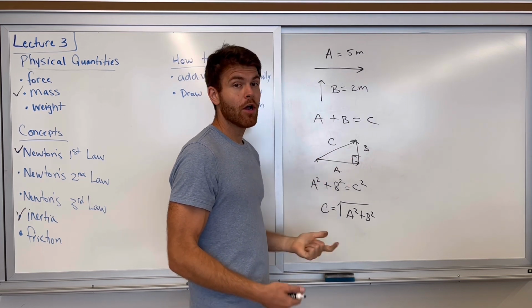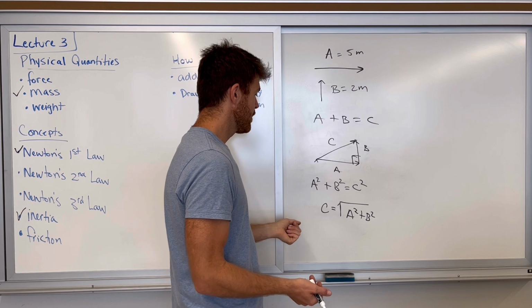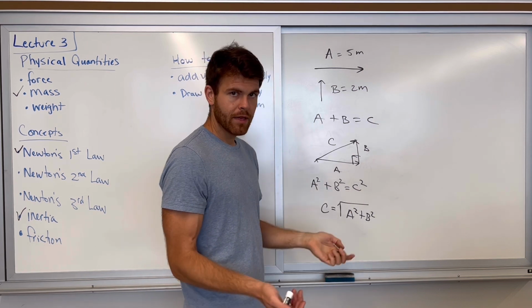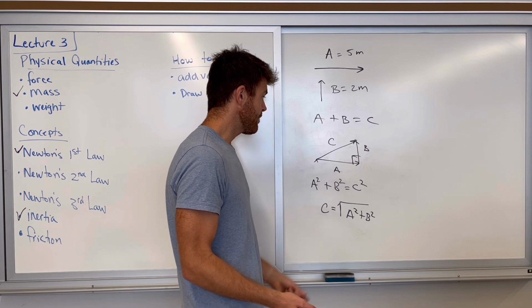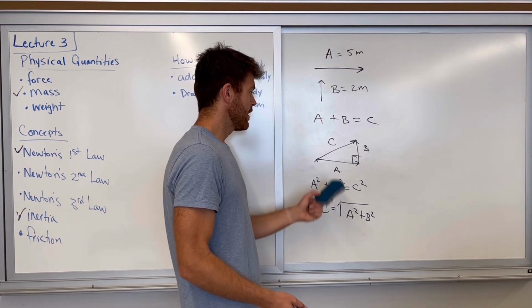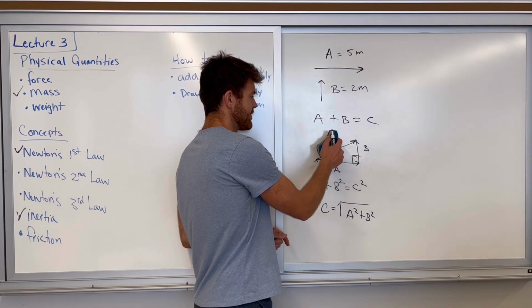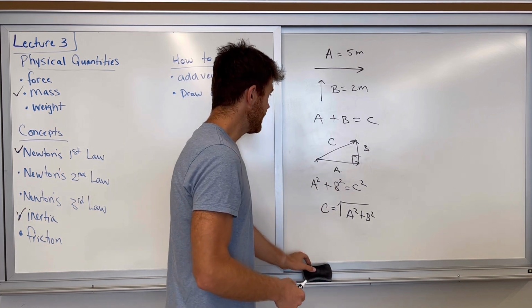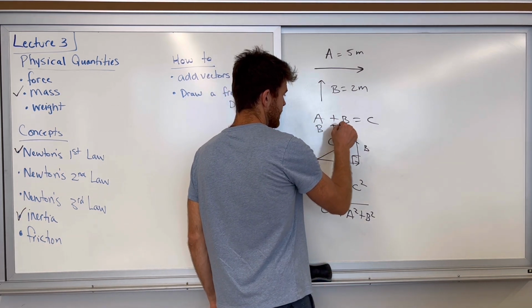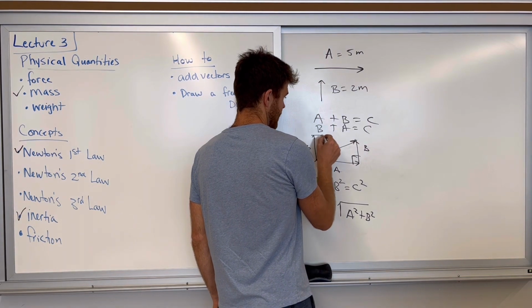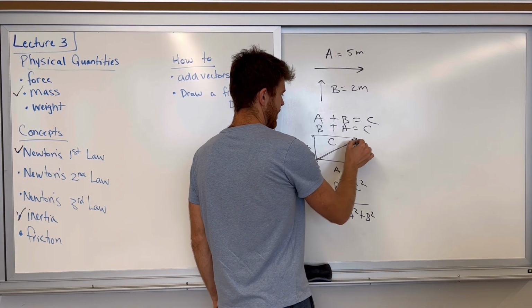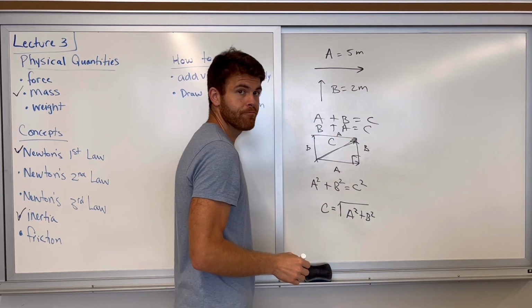If vectors A and B are not perpendicular to each other, we can't calculate the length of C that way. Okay, but because they are perpendicular, you can find the length of C that way. Once again, it's commutative, so B plus A should equal C. B plus A gives me the same vector C.